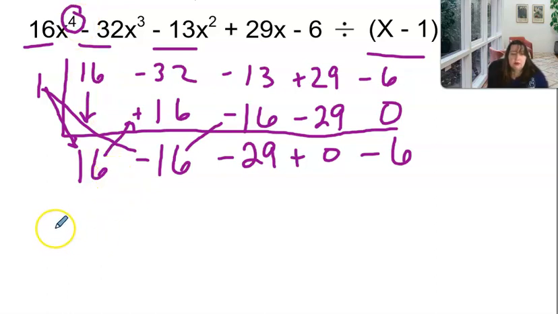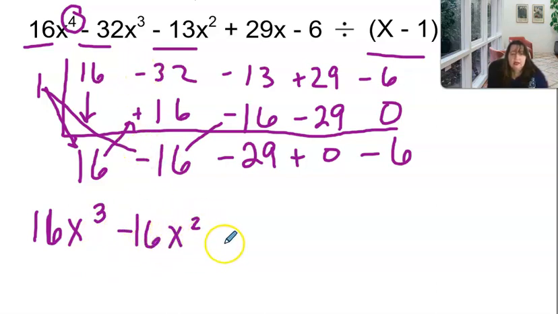So what I'm going to do here is I'm going to have 16x cubed, and then I'm going to write the next coefficient, which is minus 16, and then I have x squared, and then I'm going to go negative 29, and I have x. And then I go plus 0, which later on I probably won't write in my equation. You don't need it, but I'm going to show you where it goes in case you have a number there.